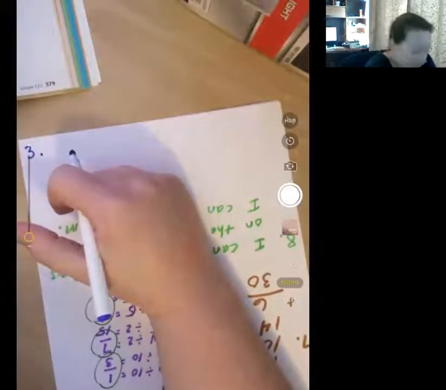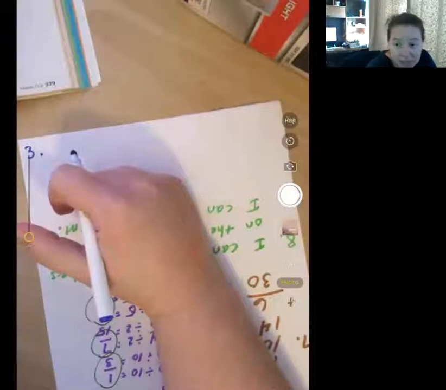How do you find the experimental probability of a simple event?